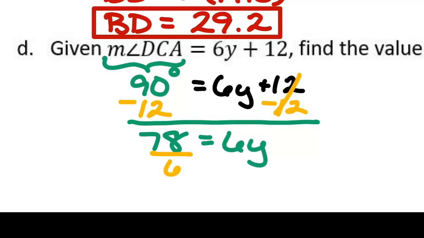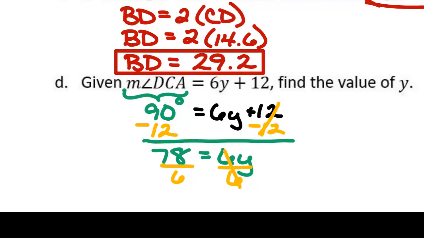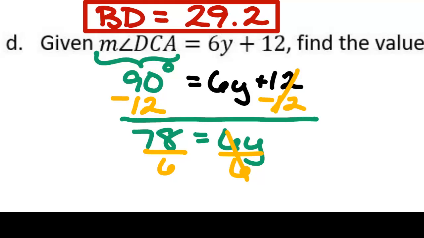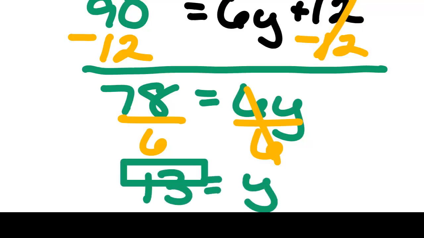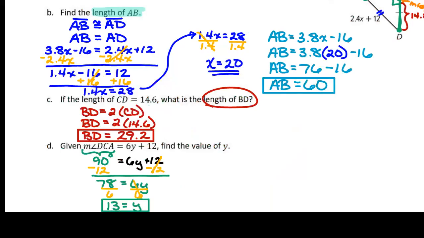And then we divide both sides by 6. What is 78 divided by 6? I got something a little smaller. I got 13. 13 is equal to y. There we go.